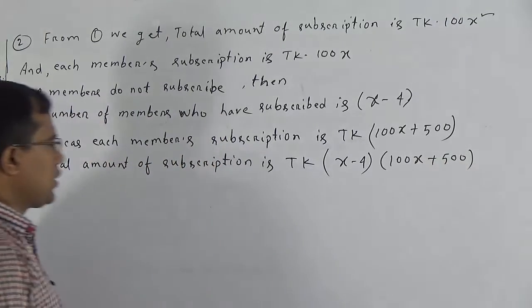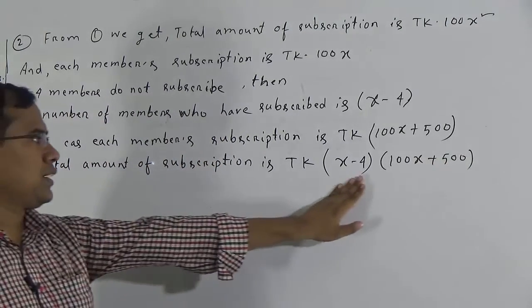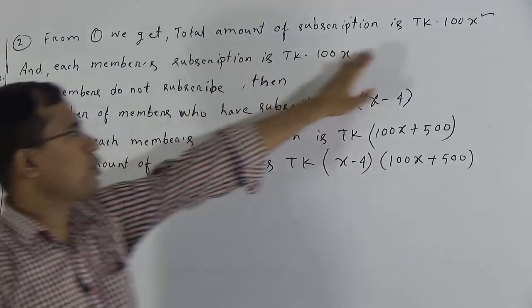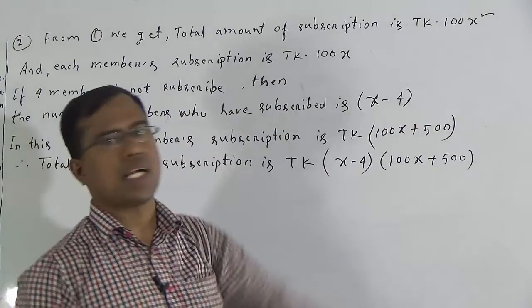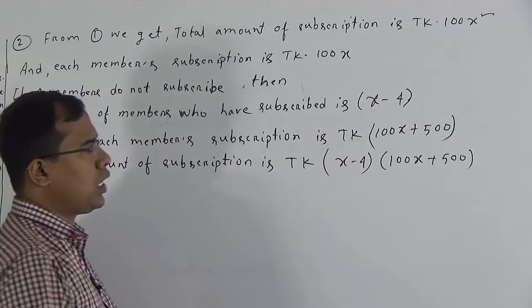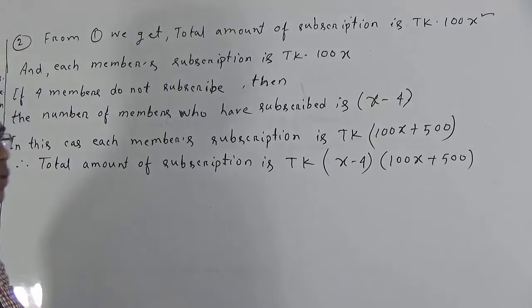Now, dear students, here total amount of subscription is TK x minus 4 into 100x plus 500. Again, total amount of subscription is TK 100x square. So that we can write as per question x minus 4 into 100x plus 500 equal to 100x square.